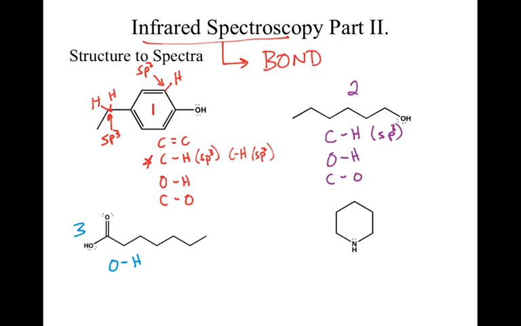I see an OH, carbon-oxygen double bond, carbon-oxygen single bond, and a CH, again, sp3 hybridized. So again, we're just listing out all of the bonds that are present. We'll address how we can use this information in a little bit. Last one we'll call 4. We have an NH, CN, and a CH, sp3.